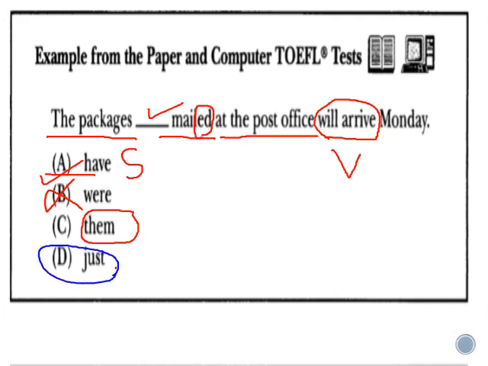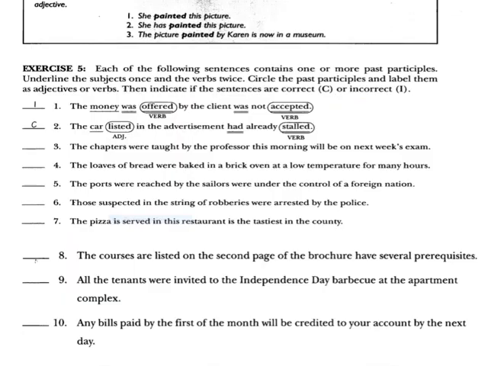"Just" is an adverb and it completes the sentence, and it is not a subject nor a verb. So, "The packages just mailed at the post office will arrive Monday." You need to read and analyze the sentences carefully. Now let's do the exercise together.